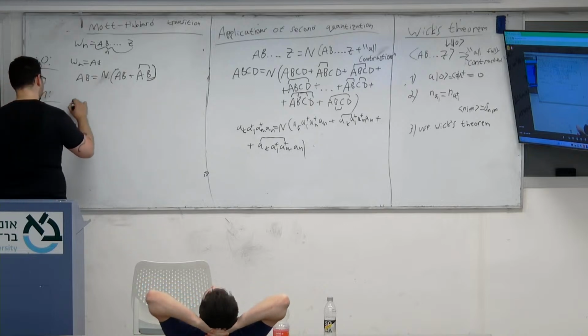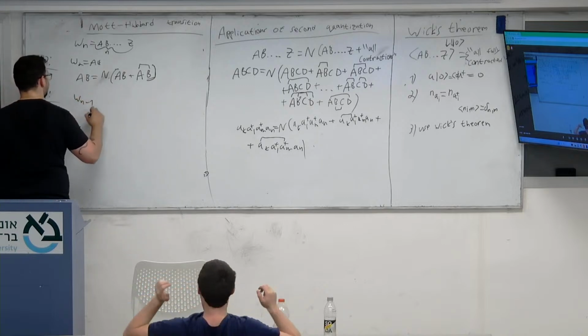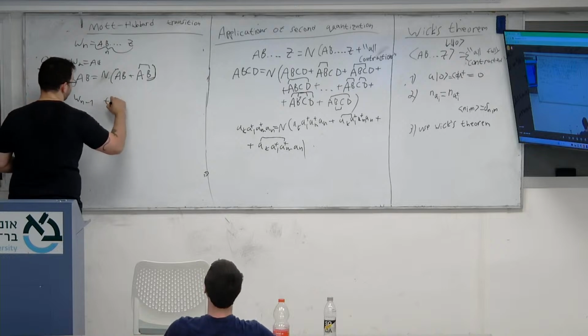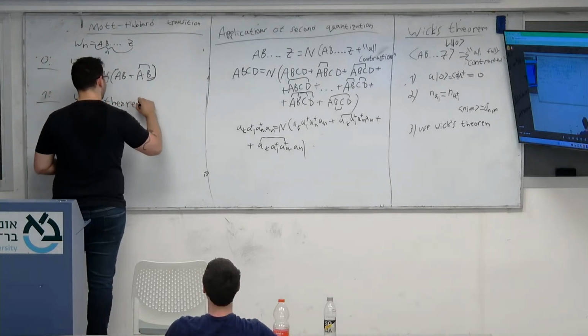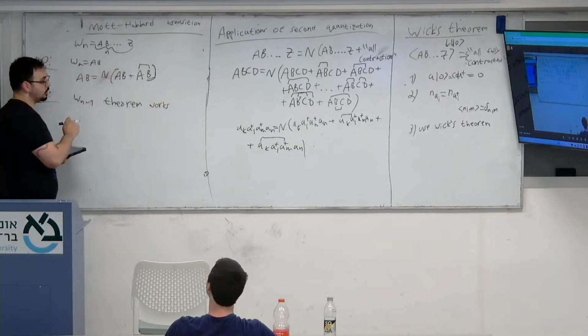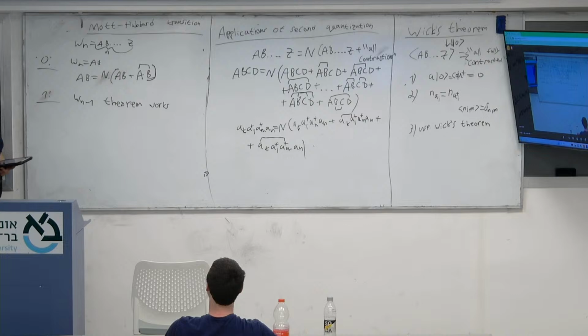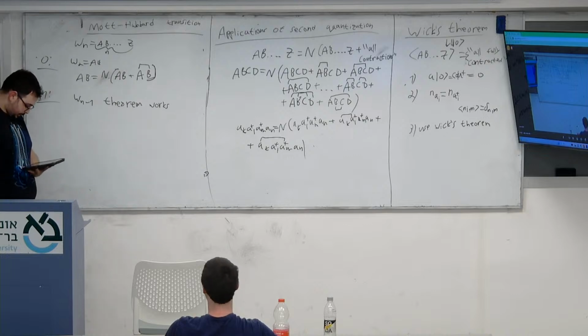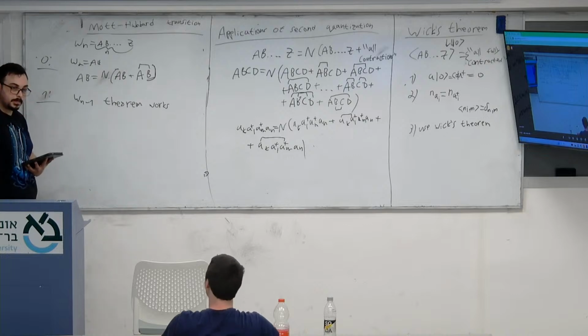So, we'll assume that for n minus 1 the theorem works. Theorem n minus 2, what? No, n minus 1. You don't assume it's an even number of operators.